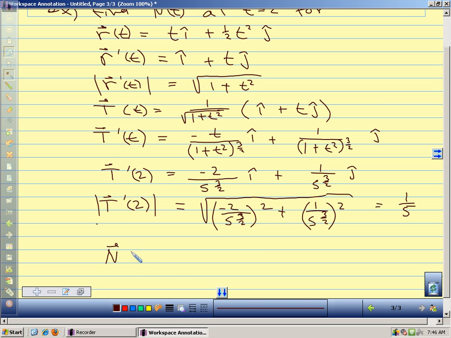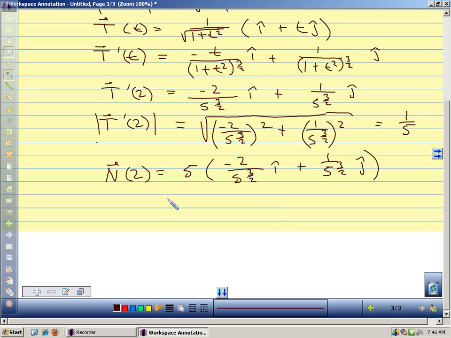Our unit normal vector at 2 is the reciprocal of the length times T prime at 2, which we said was negative 2 over 5 to the 3 halves i plus 1 over 5 to the 3 halves j, which we can simplify to square root of 5 over 5 times negative 2i plus j.